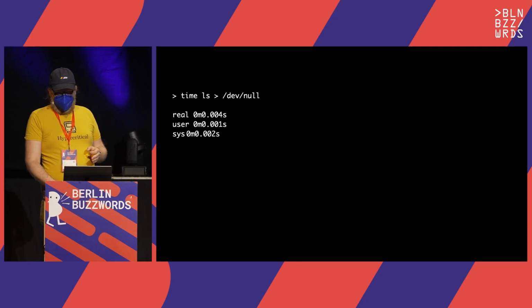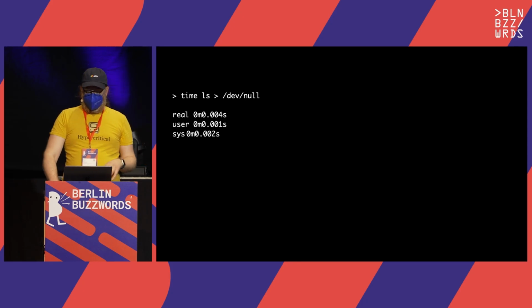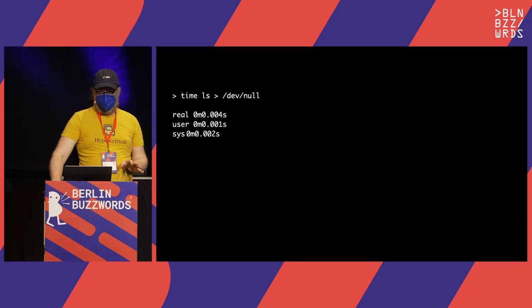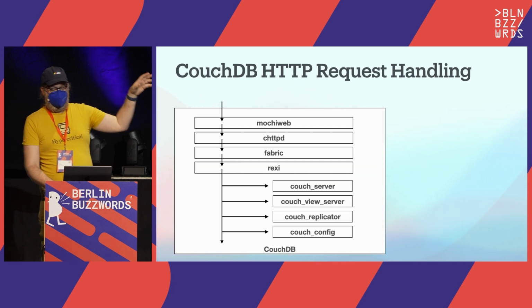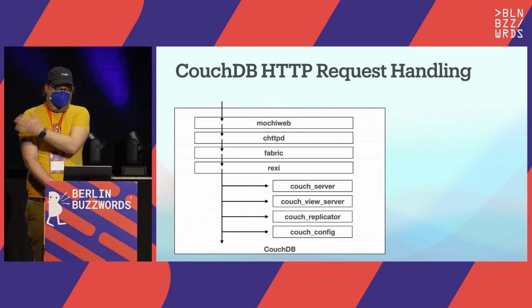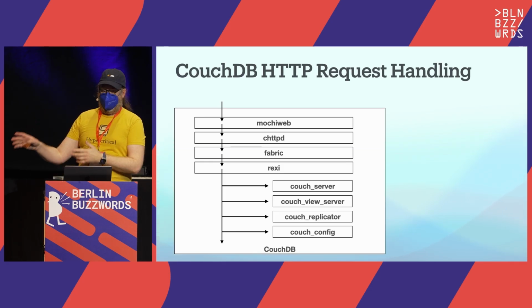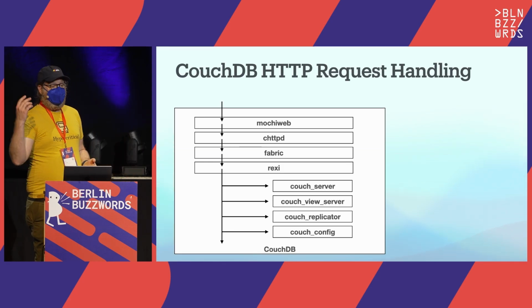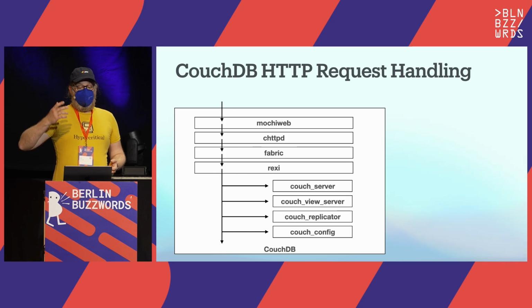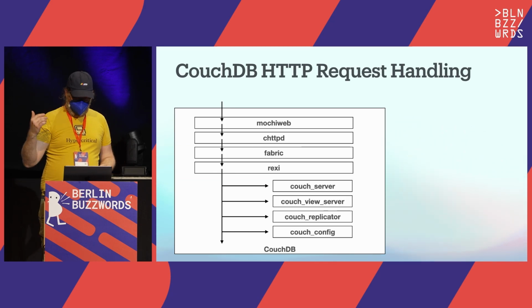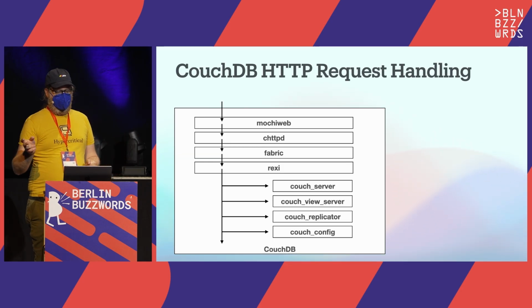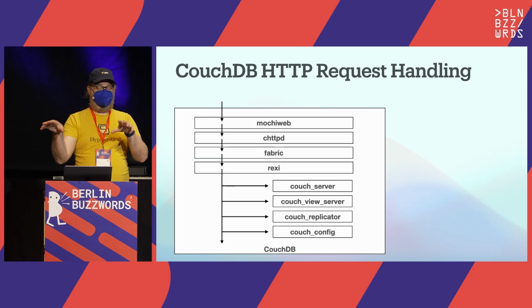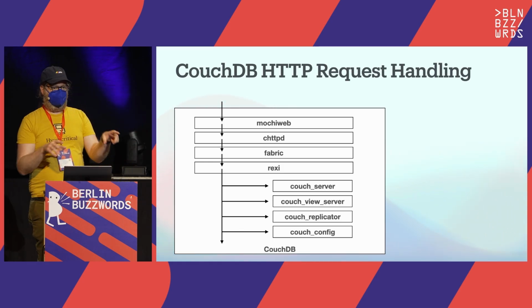To understand a little bit better what's going on with the request, we'll have to briefly look at the layer cake of CouchDB. There's a lot of jargon. I'll explain it all. Requests come in at the top into a library called MochiWeb that accepts TCP requests, turns them into HTTP requests, hands them off to chttpd. chttpd will route things to the specific submodules, then uses another module called fabric that itself uses rexi to do these cross-cluster requests, like all the arrows you saw earlier.